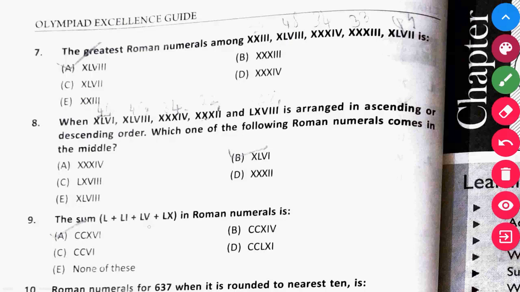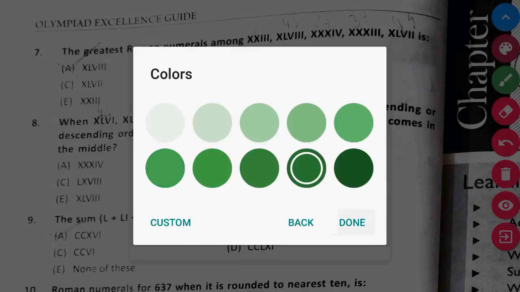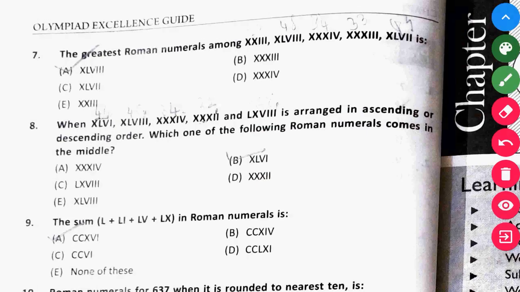Now sum of L, LI, LV, LX in Roman numeral. Now what is meant by L? L means 50. LI means 51. LV means 55. And LX: now X is the smaller number which is at the right, so we add 50 plus 10, 60.